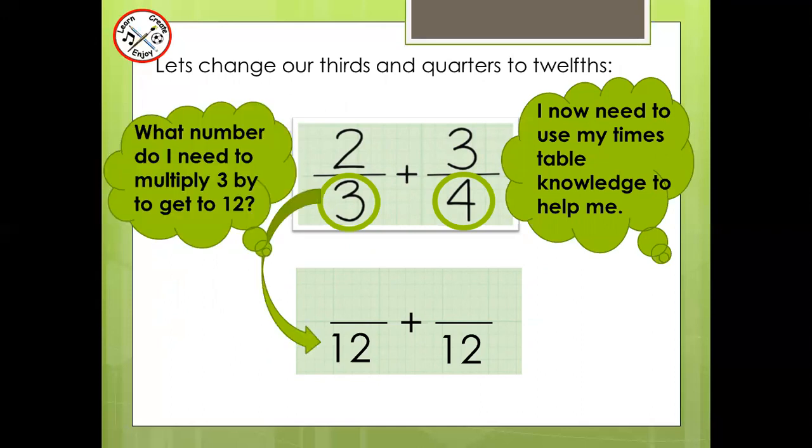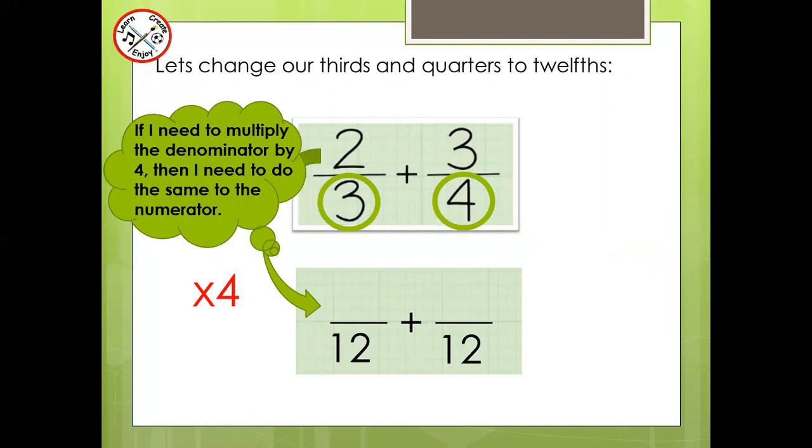So I need to think first, what number do I have to multiply 3 by to get to 12? You can also do your inverse calculations and think, how many 3s are in 12? What's 12 divided by 3? And you will find that it is 4, or it's multiplying by 4 to get to 12. So with this fraction, I need to multiply by 4.